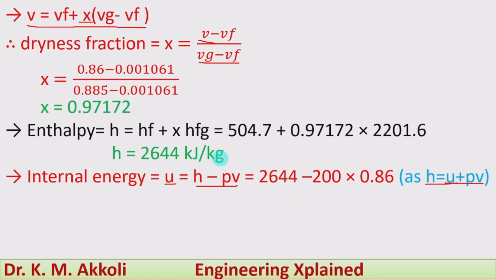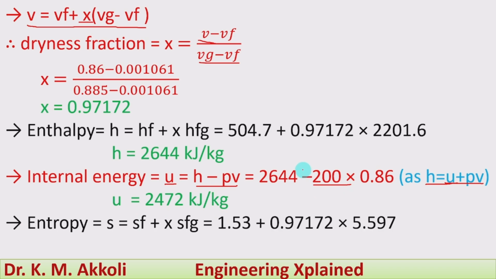H is in kilojoule per kg, so we take the pressure in kilopascal so that everything is in one unit. Then the internal energy we can calculate as 2472 kilojoule per kg.